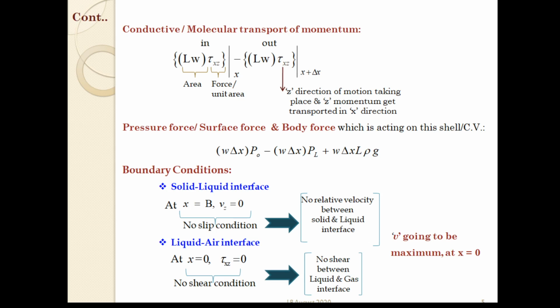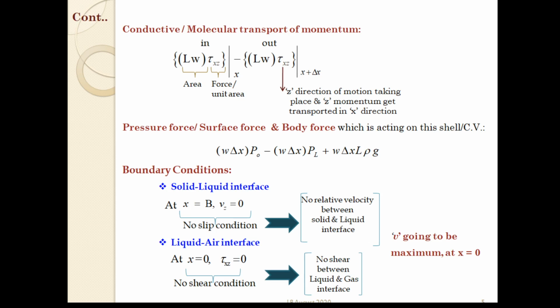It will be the area multiplied by the force per unit area. The area of this narrow slit will be capital L multiplied by W, the length times the width of the slit. If we multiply this area with the force per unit area, which is tau xz, we get the conductive or molecular transport of momentum.